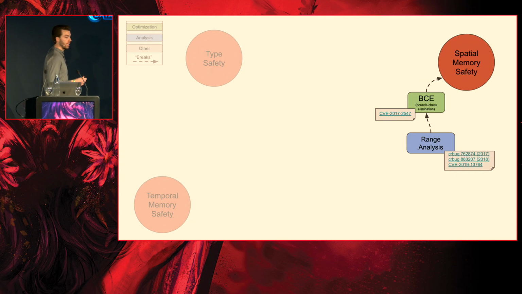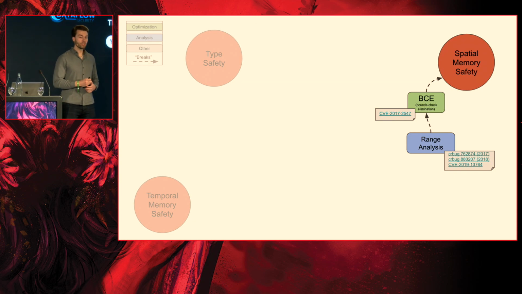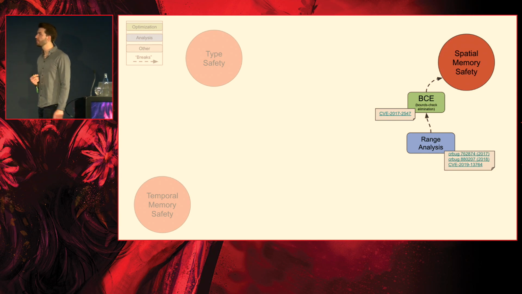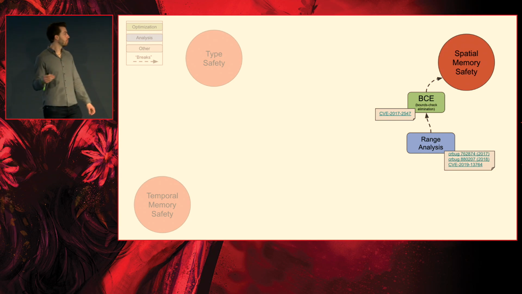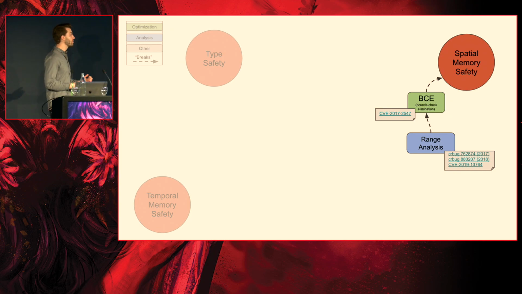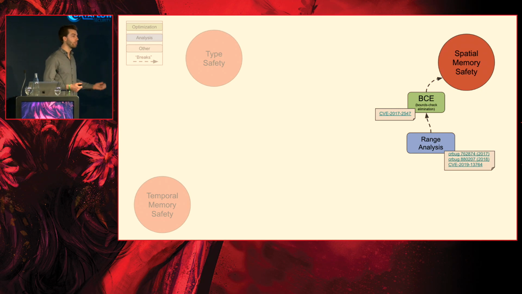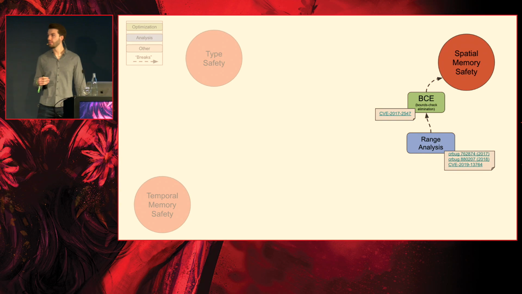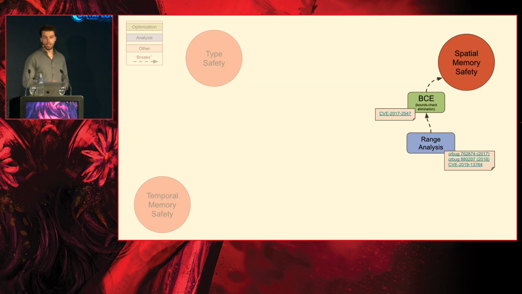That gives you out of bounds access. And there was at least one bug some time ago, 2017, directly in the bounds check elimination itself, not even in the analysis. I think it was something where they just forgot to check for negative numbers. They had all the range information, but they just checked whether it was below the bounds, but not whether it was bigger than 0. And so then they removed it.